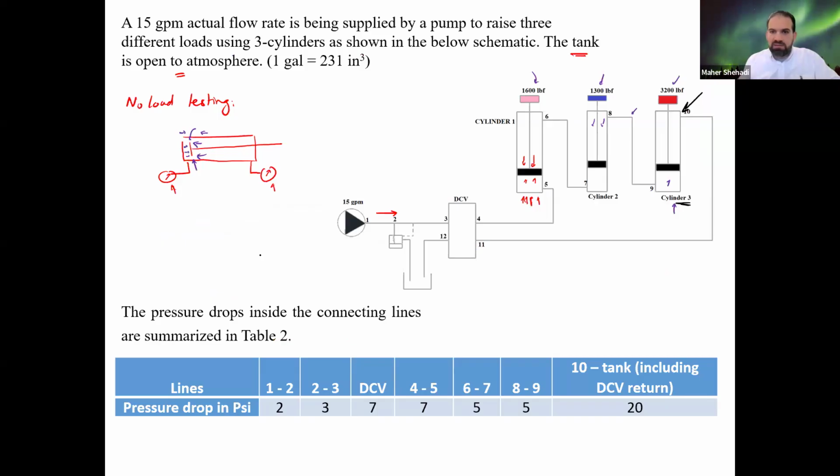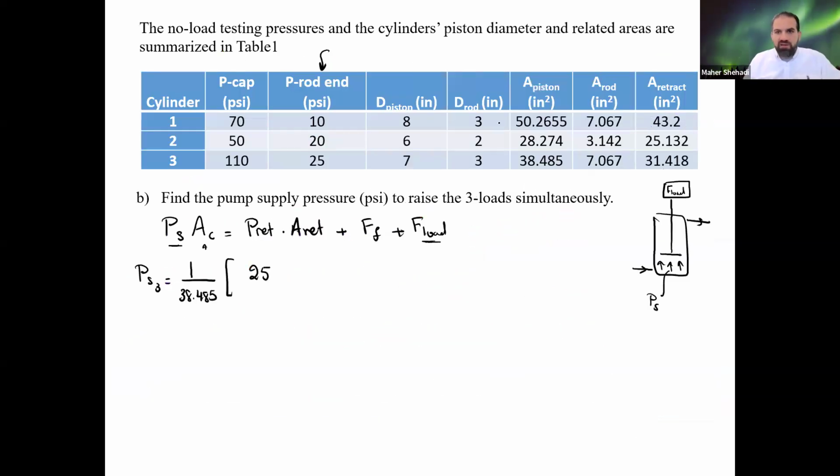Okay, it didn't add it on my notes, so I'll just say neglect this because I didn't add that number. Let me double check my calculation. All right. So 25, let's assume any pressure drop here is neglected, and we'll make a note after.